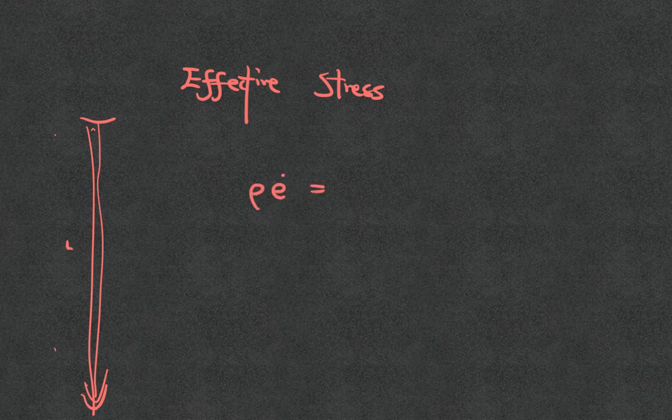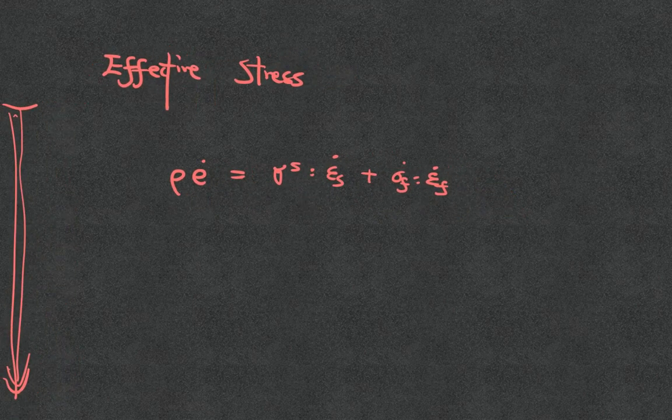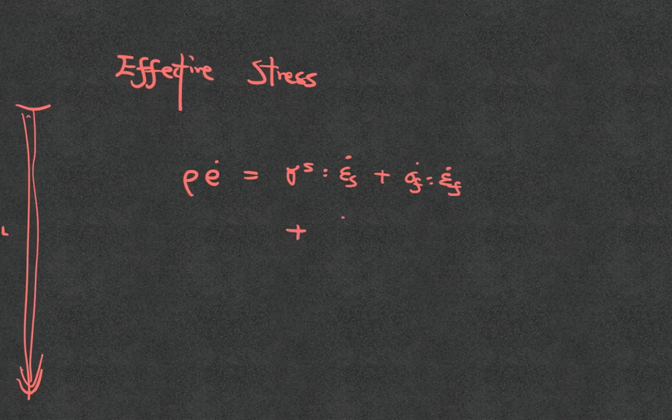Now the energy per mass, which is the power per mass, is related to the solid phase times the solid strain rate, plus the fluid phase times the strain rate of the fluid, plus the total stress minus the individual part of the fluid times the solid skeleton strain rate.